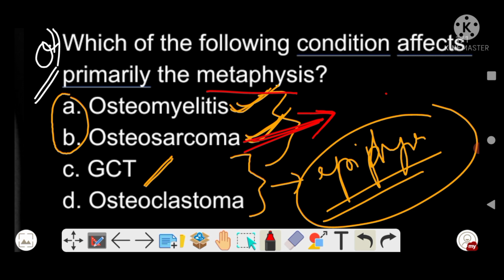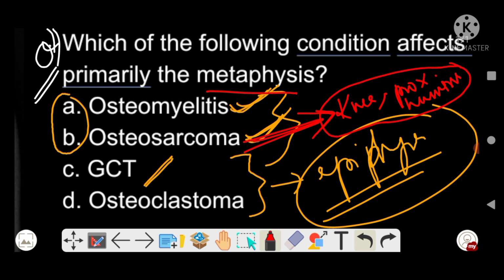The bones that are usually involved are the knee joint and the proximal end of humerus, proximal humerus I'm writing. So these two are the locations where you can find osteosarcoma most commonly. The most common region of the bone affected is your metaphysis, correct?